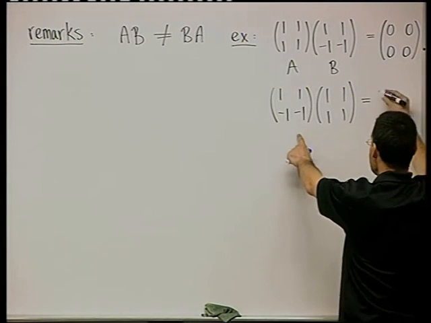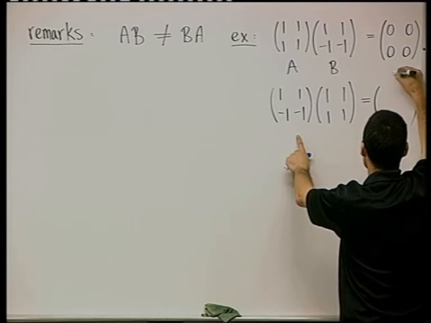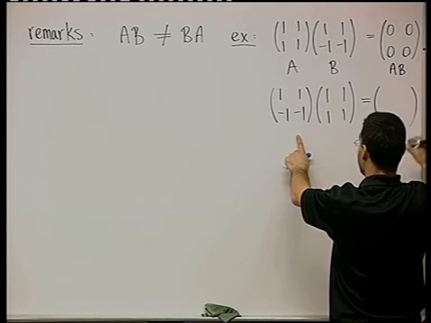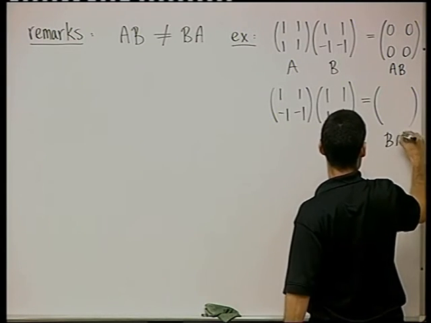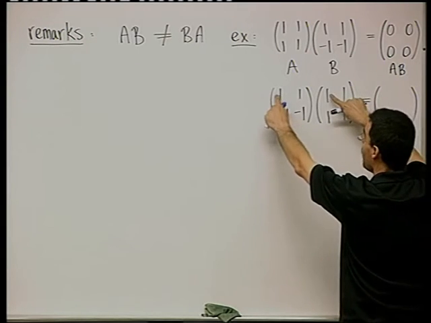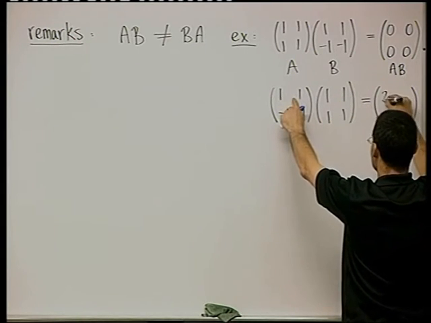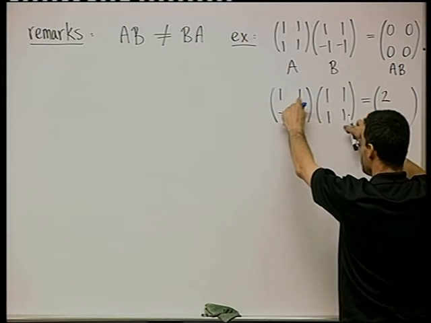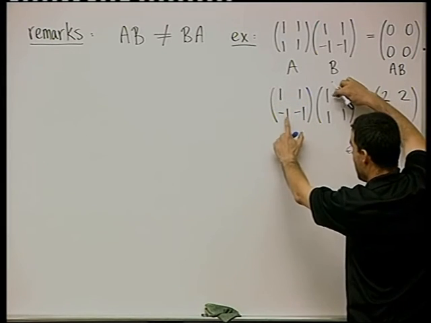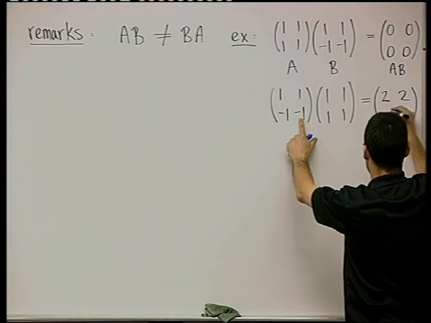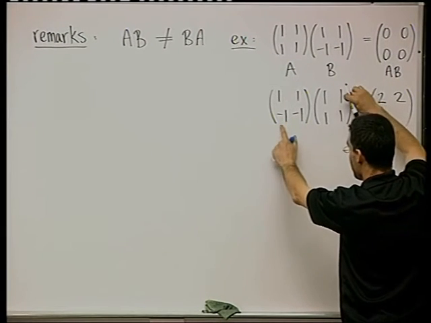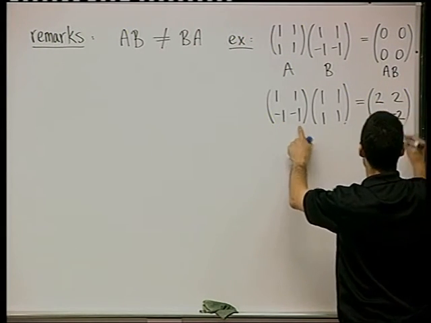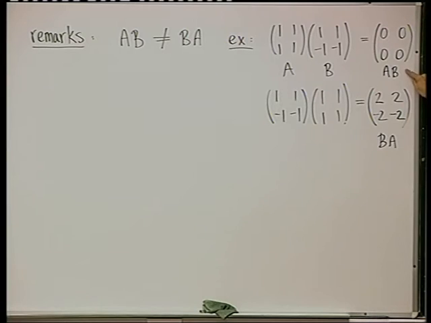This is the matrix AB, and it's defined. But this is the matrix BA, in which we get 1 plus 1, 2, 1 plus 1, 2, negative 1, negative 1, negative 2, and negative 1, negative 1, negative 2. So A times B and B times A are both defined, but they're very different.